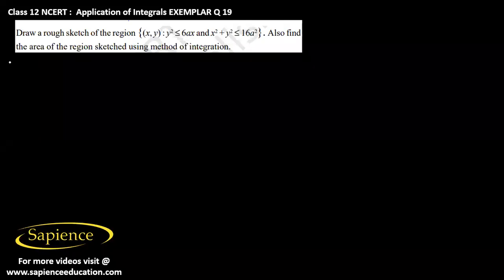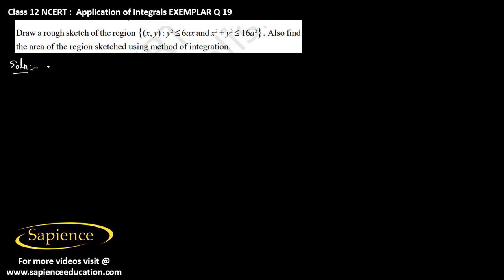So we can solve this question. Here it is given that we have to draw the rough sketch of the region, which is y square is less than or equal to 6ax, and the region x square plus y square is less than or equal to 16a square.